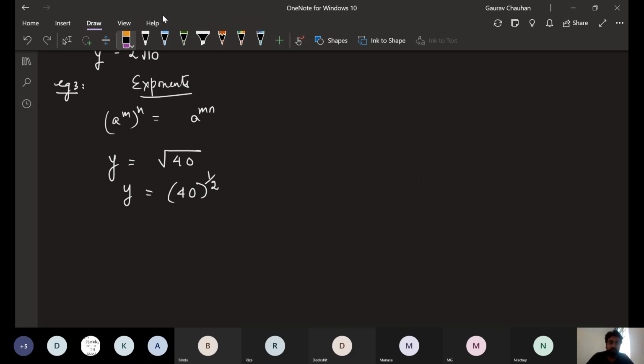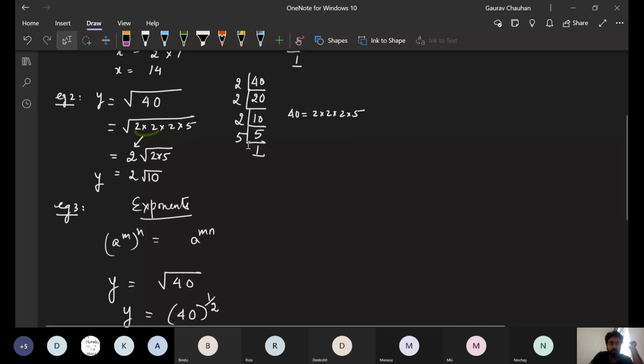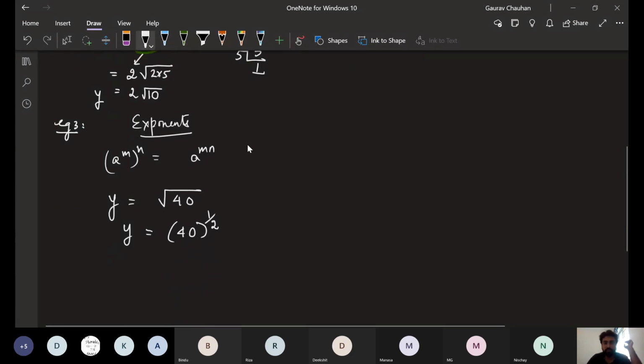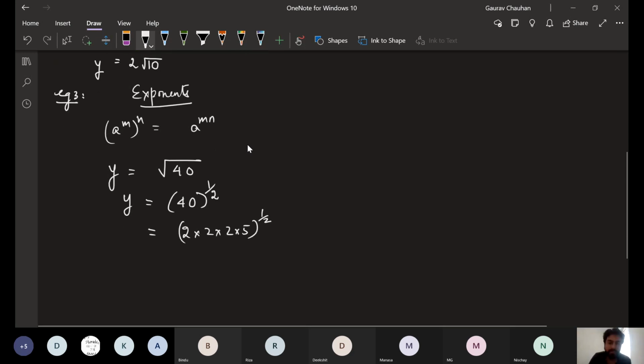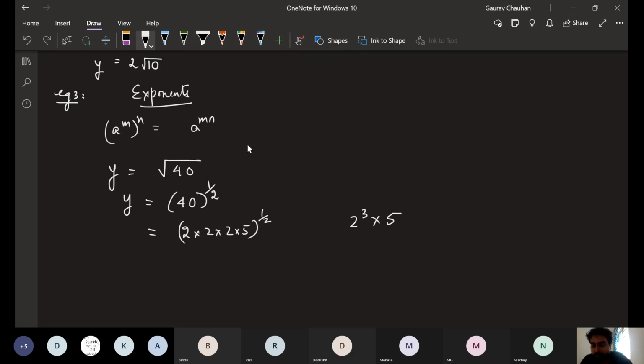Now, what is actually happening here is, 40's prime factorization is what? 2 into 2 into 2 into 5, right? So basically what we can say is 40 is equal to 2 into 2 into 2 into 5 raised to the power 1 by 2. Obviously, we can write this as 2 to the power 3 into 5 also.